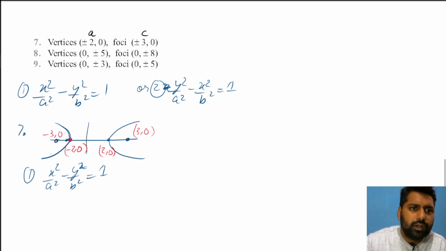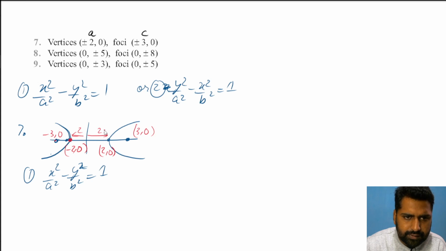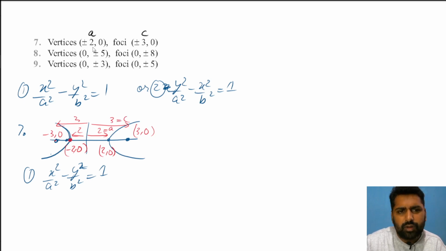This distance is 2, 2 is your A. This distance is 3, that's your C. Or you can directly tell that vertices are at a distance A, focus are at a distance C. This is just from an analysis point of view, how it is happening here.